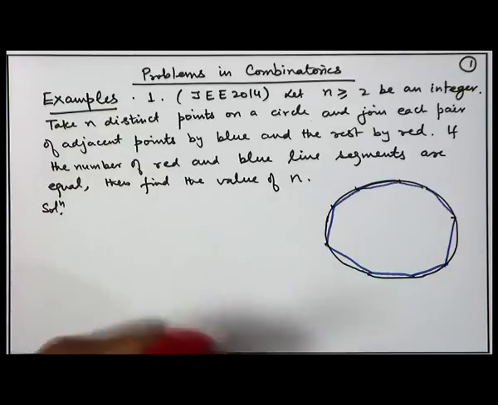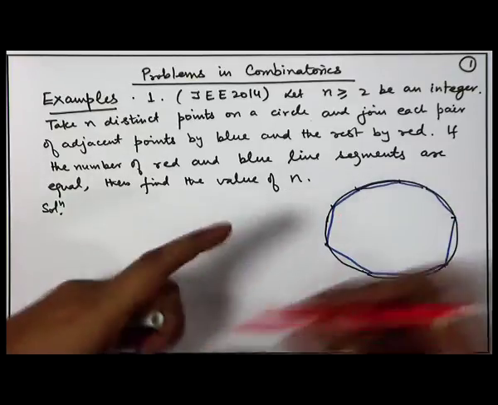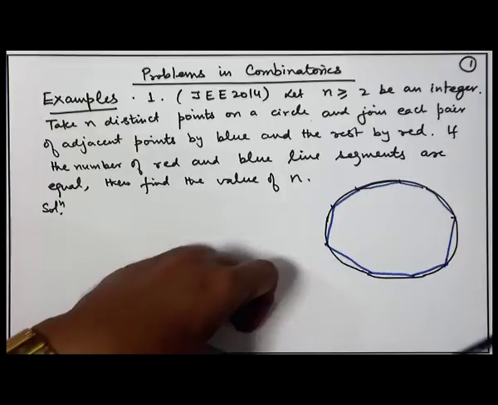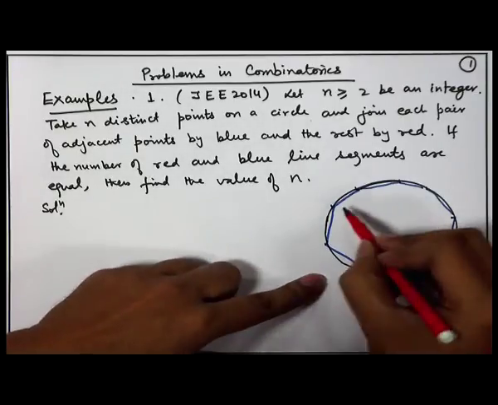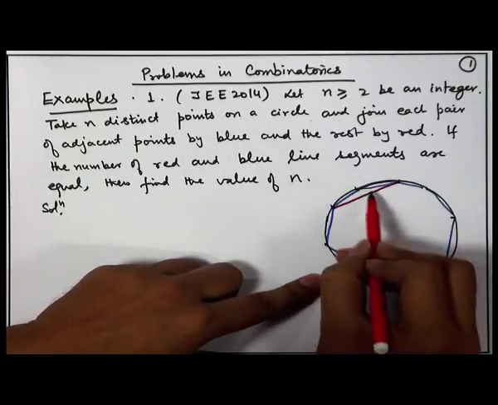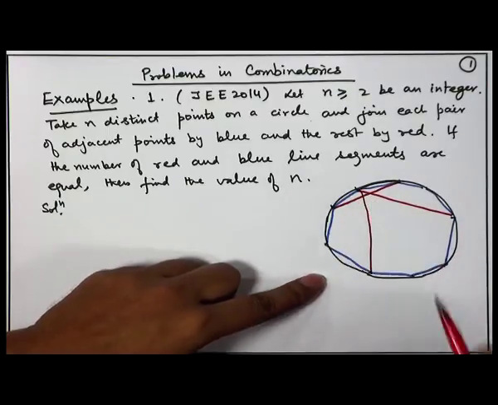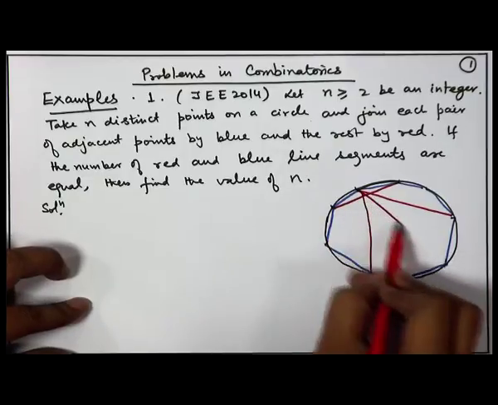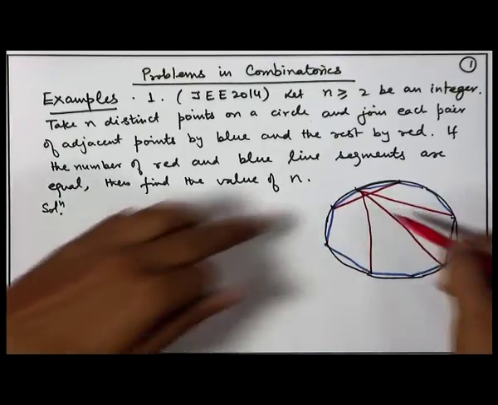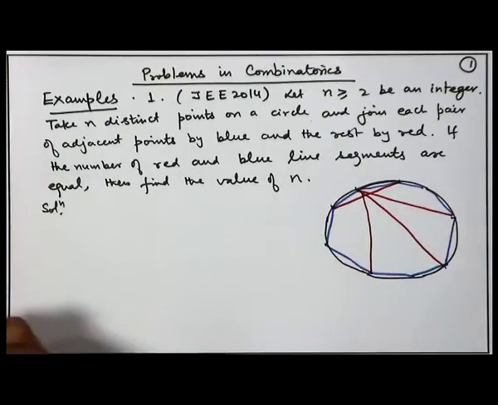Like that you can keep, and the remaining one we join by red. So, let me use a red marker here, and we can join this by red, this will be joined by red, etcetera. That means, if they are not adjacent, then we join them by red. Now, let me do the elementary counting here.